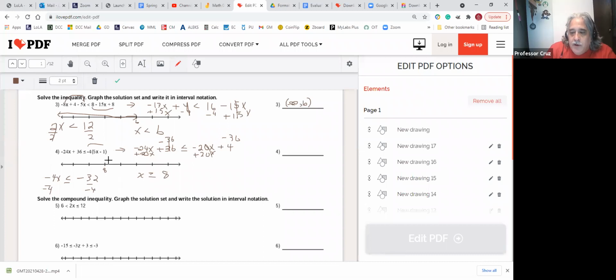It's greater than or equal to, so it's a bracket. So the interval notation is just going to be as such. Remember, for both of your infinities, negative or positive infinity, that's always a parentheses because you can never get to infinity. This was for the less than 6, and this is for the greater than or equal to 8.